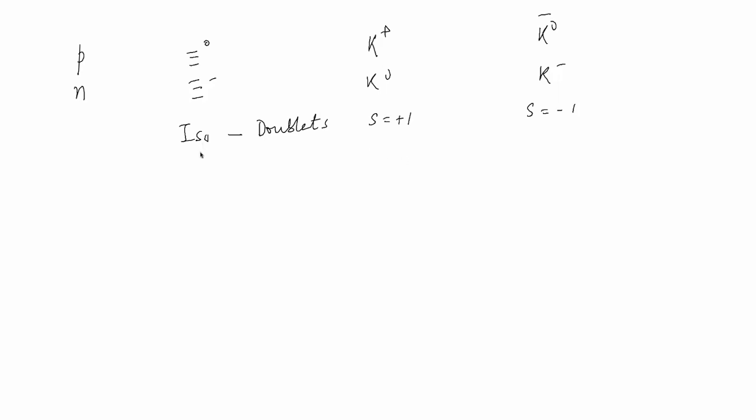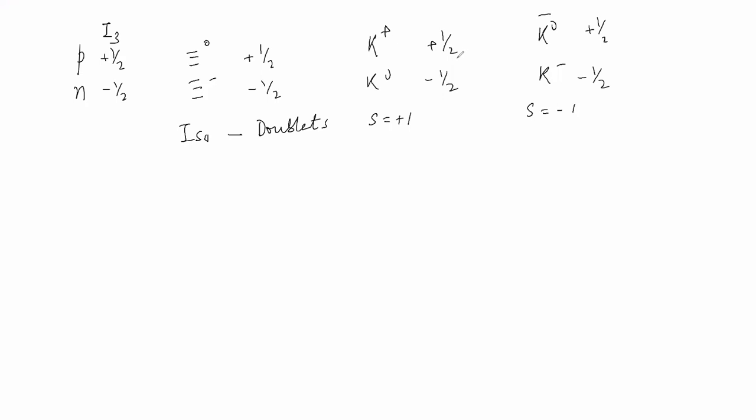Okay, then I ask you the question, what is the projection? Then you will say that this is plus half, this is minus half, this is plus half, this is minus half, this is plus half, this is minus half. You see, this K plus has got a charge plus 1 and K0 is neutral.